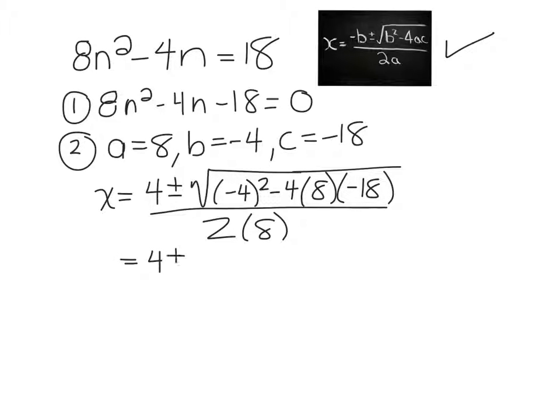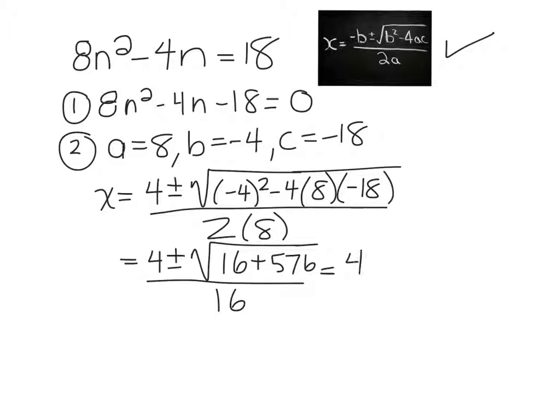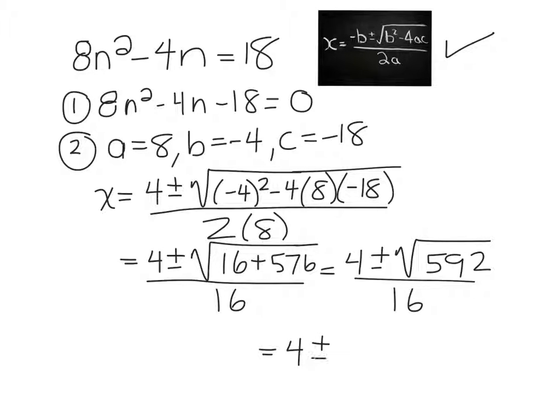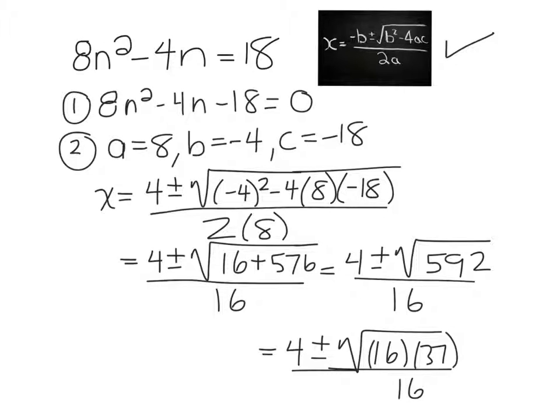So that'll give us 4, positive or negative, the square root of 16 plus 576 over 16, which will give us 4 plus or minus the square root of 592 over 16, which will be 4 positive or minus the square root of 16 times 37 all over 16.